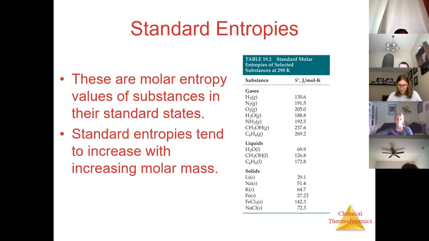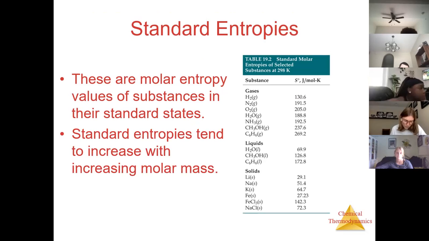As you get bigger, entropies tend to increase with increasing molecular mass. Entropies are bigger with bigger molecular mass because you simply have more particles within that particular system.